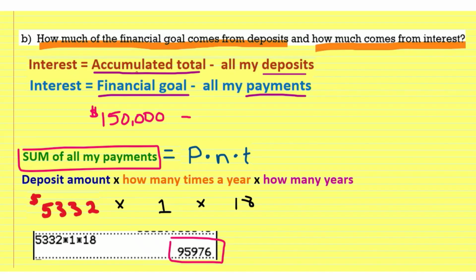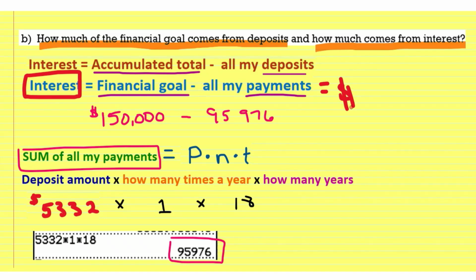So that's where we can plug this into my interest formula. Interest is equal to the financial goal minus all the payments. The payments are $95,976. And that means that my interest is going to be equal to the difference between those two numbers.